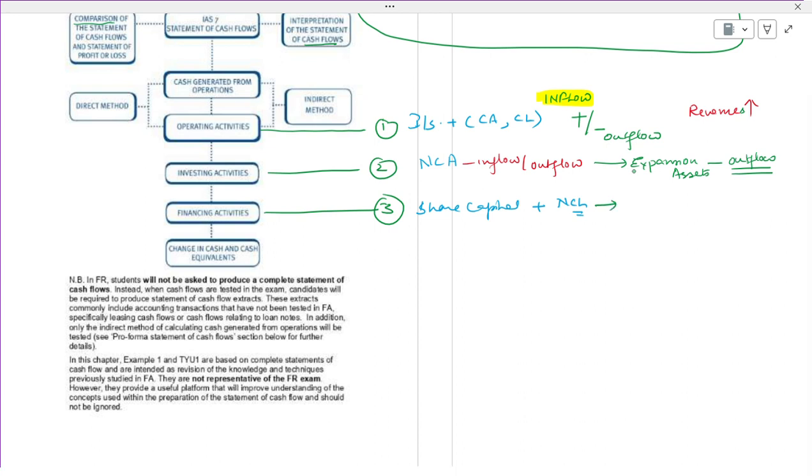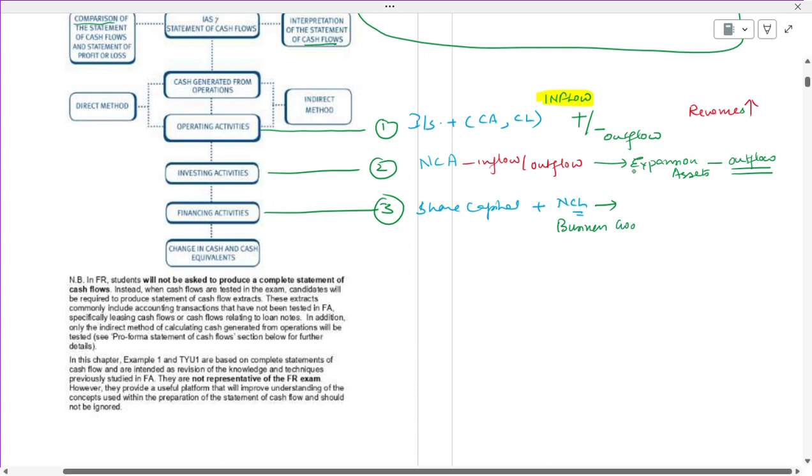When you are doing good business, when the business is really good and growing, what happens? People will come forward to give loans also.